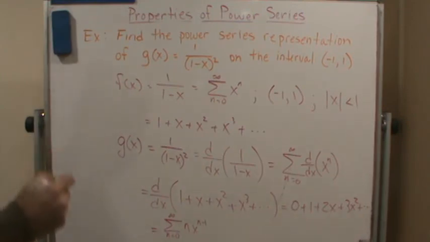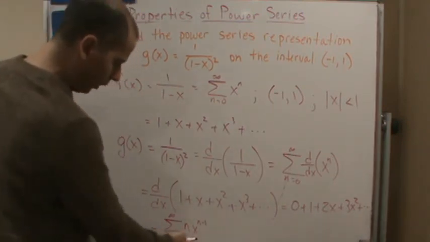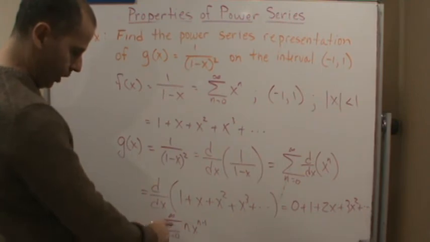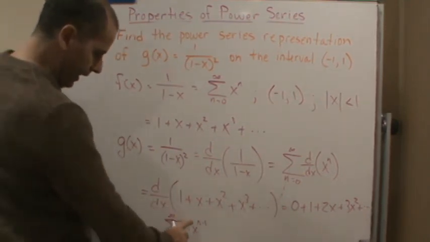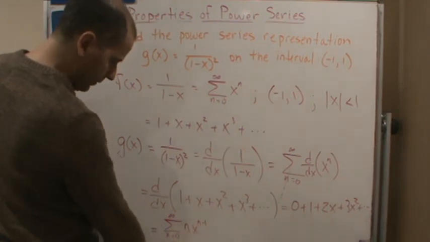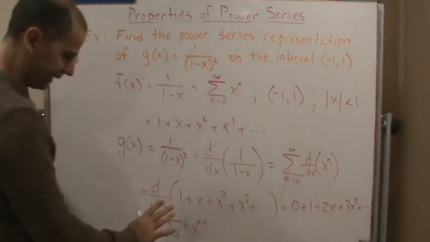Now all I did was use the power rule here, but if n is 0 here, I'm going to have a negative exponent, so that won't work.